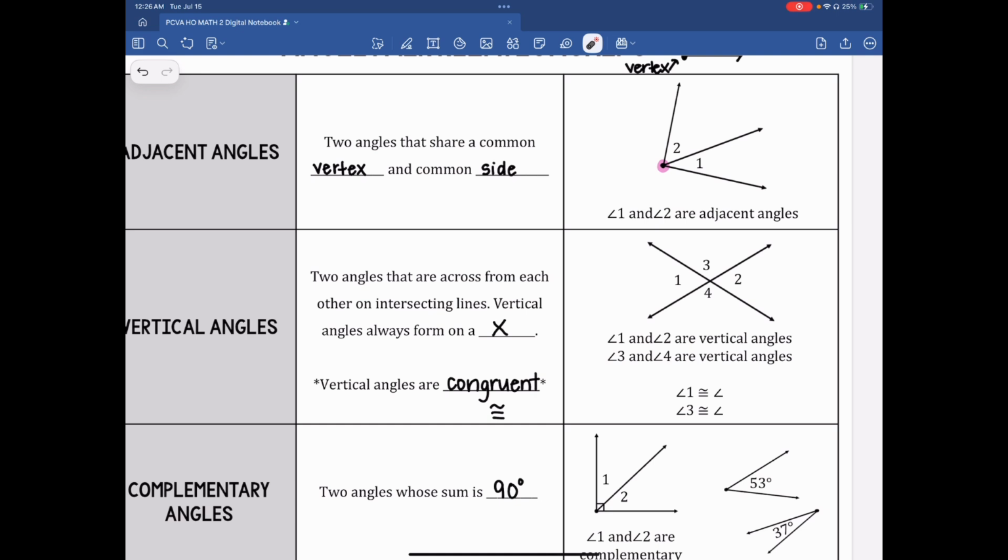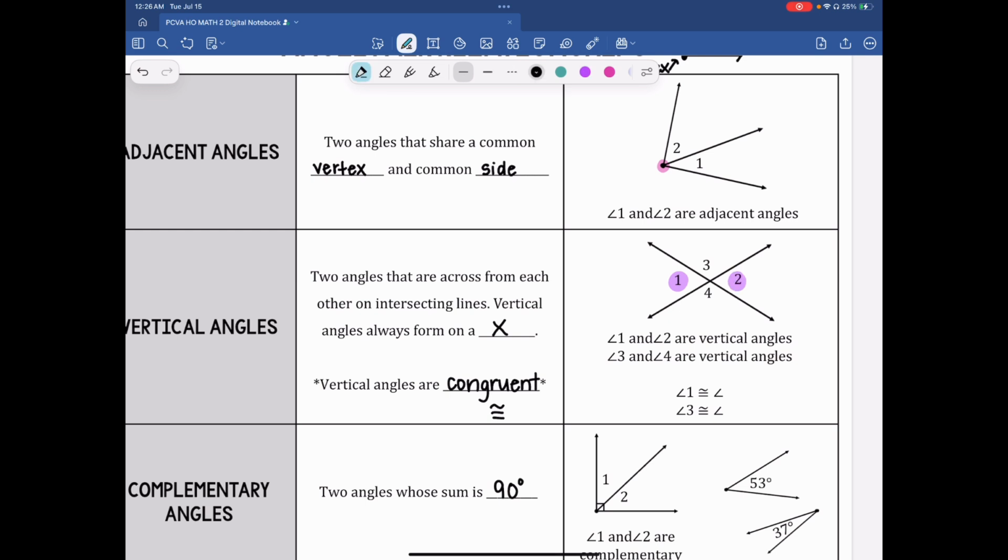So opposite angles, the angles that are across from each other, are always the same. So 1 and 2, those are vertical angles, okay? They're opposite of each other, so 1 and 2 are congruent. They have the same measurement. And then 3 and 4, those are opposite of each other, so those share the same measurement. If we label these, we have angle 1 and angle 2.